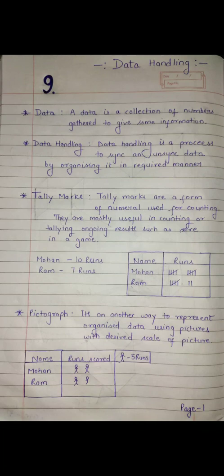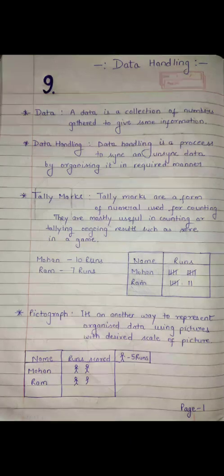Tally marks is a form of representation in which we use lines to represent an ongoing result. For example, in a cricket match a batsman is scoring runs. It is very hard to keep a record of it without tally marks, but with tally marks it is very easy. We need to use lines to represent it.